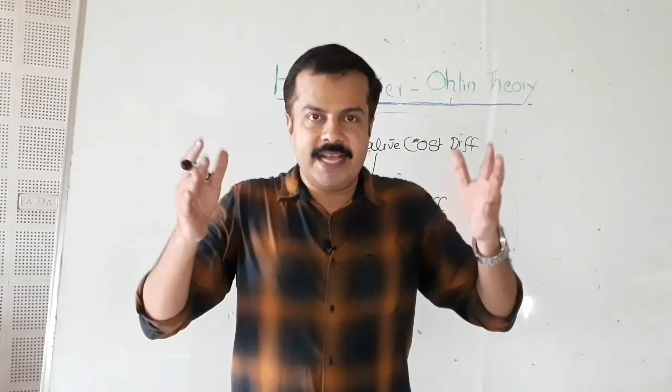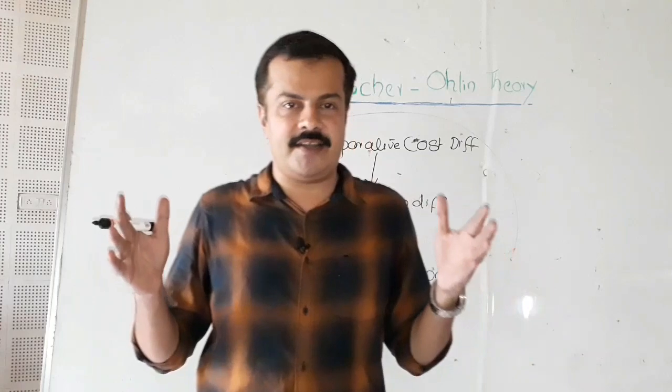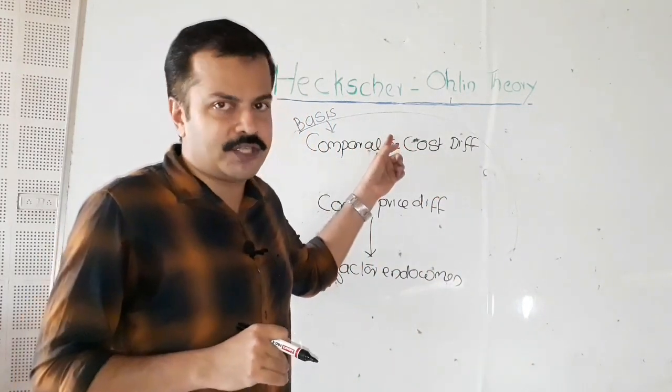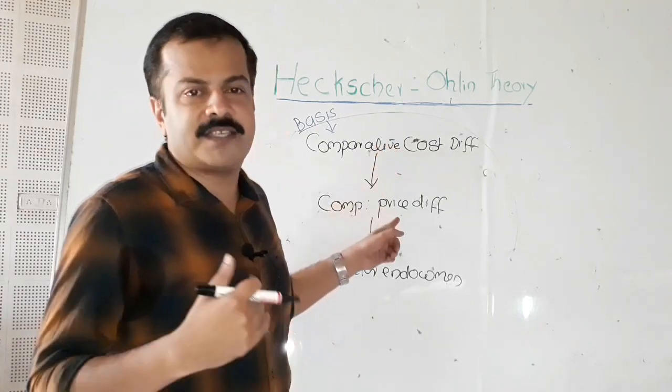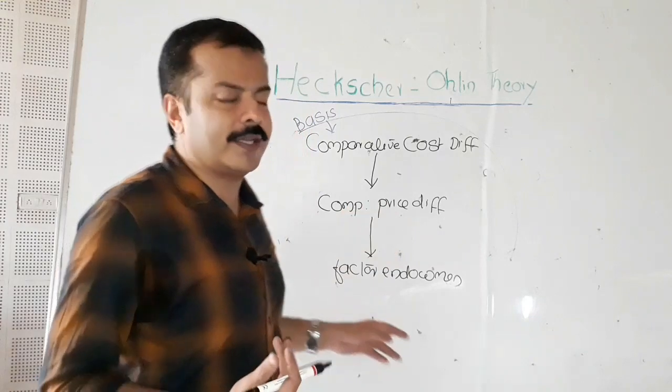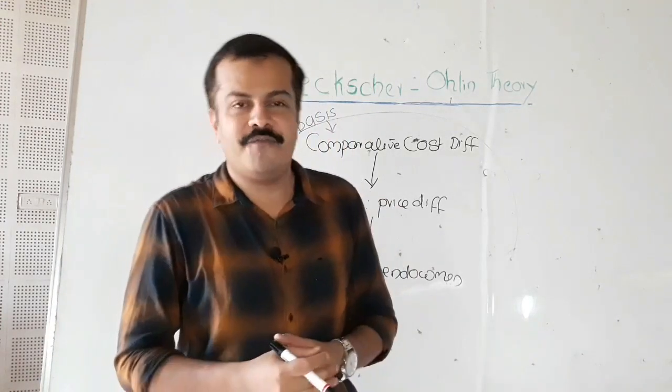So, the basic reason behind international trade is comparative cost difference. This comparative cost difference arises due to different prices in different countries. Why are there different prices? It is because countries have different kinds of factor endowment.